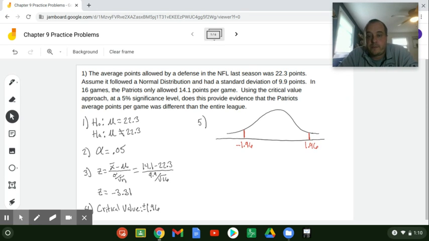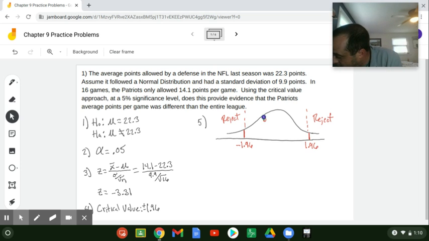Whenever our test statistic gets outside of our critical values, that's when we would reject. Meaning, if our test statistic is less than negative 1.96, or if our test statistic is greater than 1.96, that is when I will reject. For the two-tailed test here, if it's contained within that range, we would not reject.